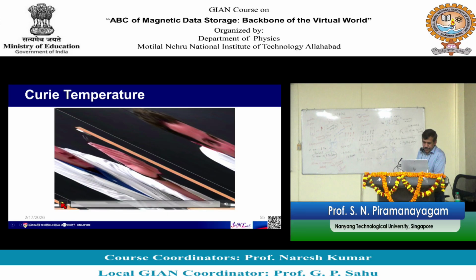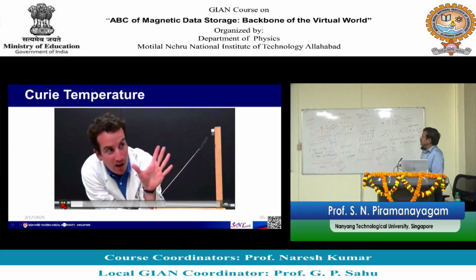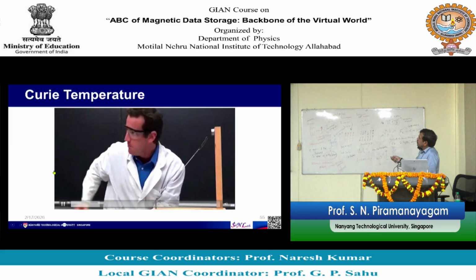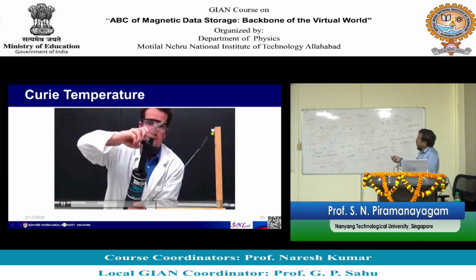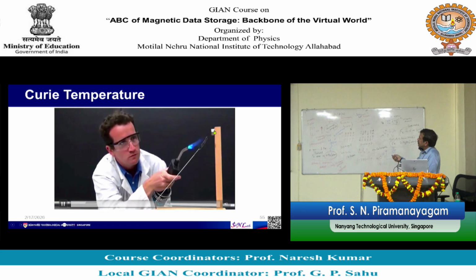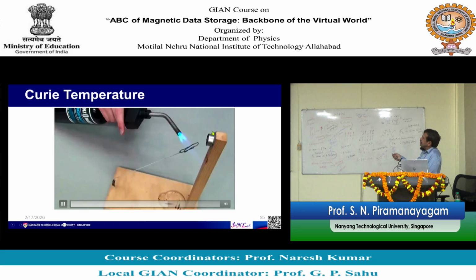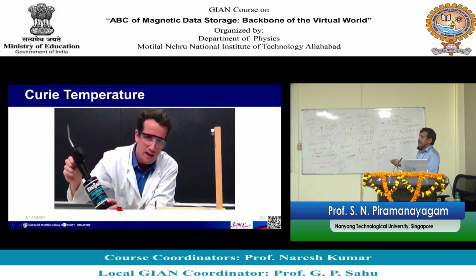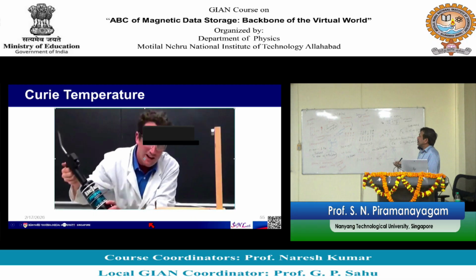Okay. So, this video demonstrates the concept of Curie temperature. So, here we have a magnet, okay, then here we have a clip. The clip is tied with a string, and because of the force of attraction between the magnet and the clip, the clip is attracted. But once you heat the clip using a flame, the temperature rises, and the clip reaches its Curie point, and it becomes paramagnetic, and you lose the force of attraction between the magnet and the clip.